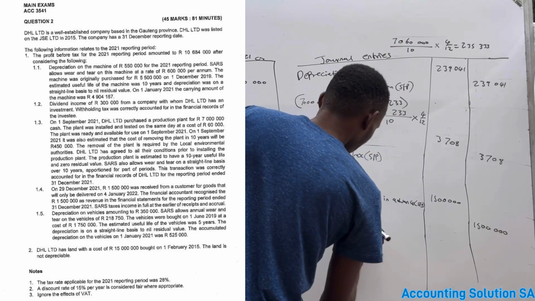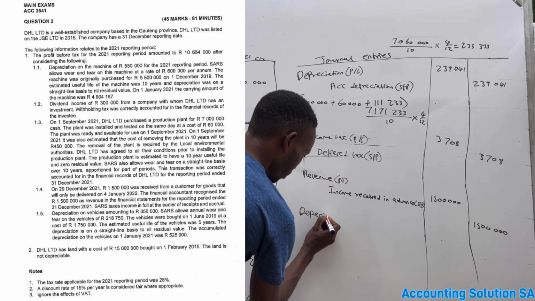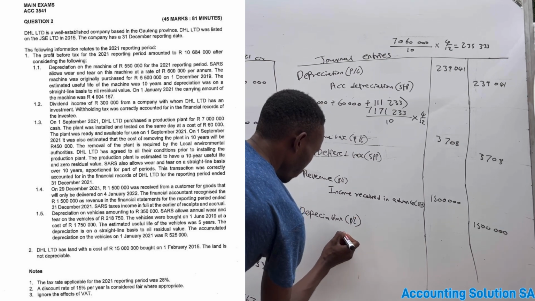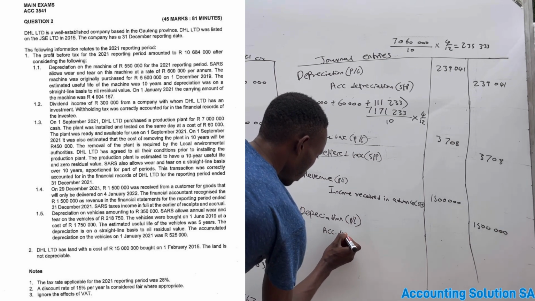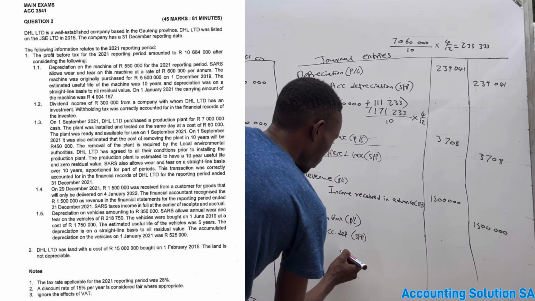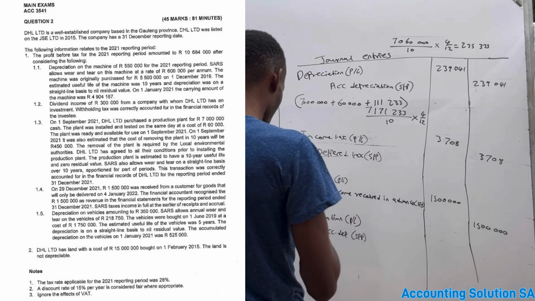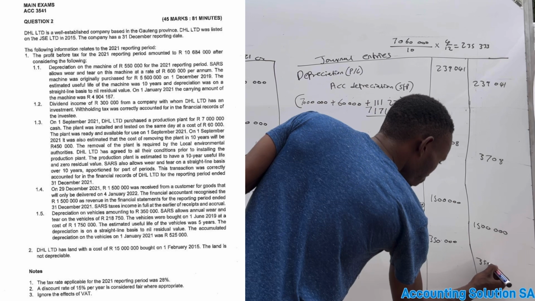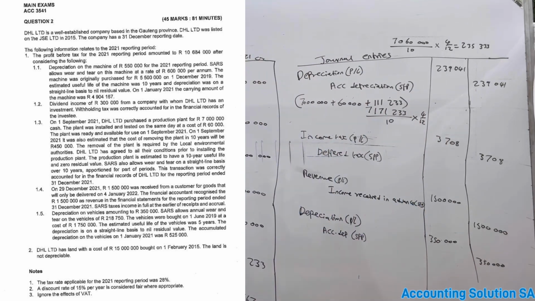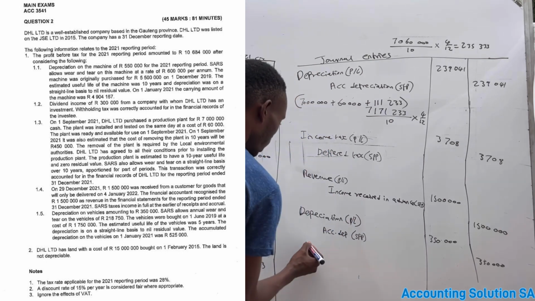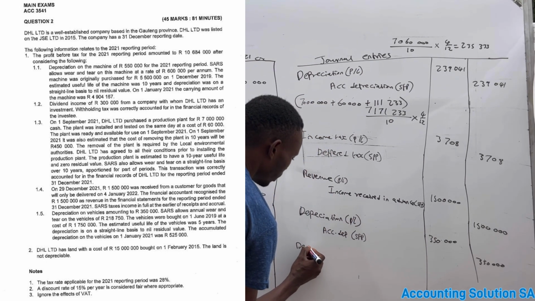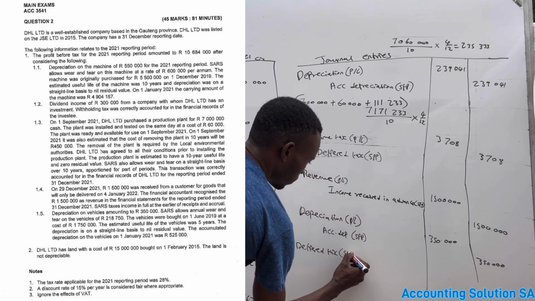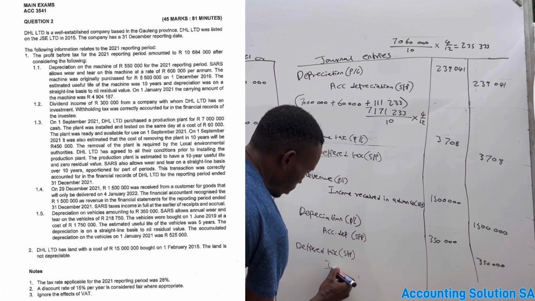Okay, depreciation in P&L and accumulated depreciation in SFP, which is going to be how much? 350. In this case, because we claim more, we have a deferred tax asset. We're going to have our deferred tax in SFP on the debit side, then income tax on the credit.